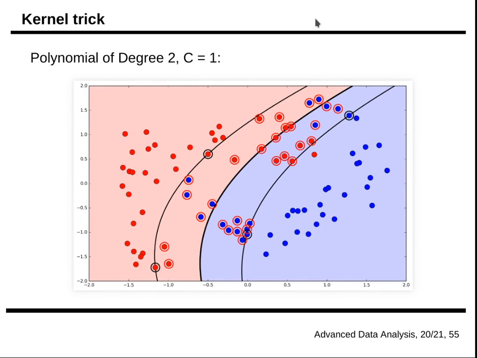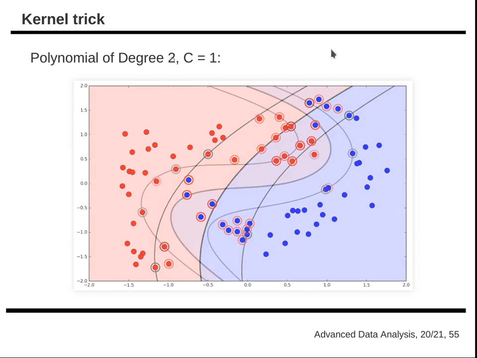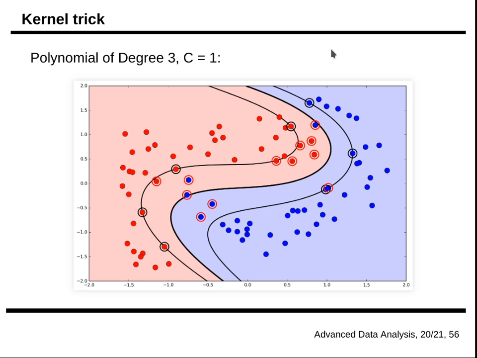And this is an example of using the C value of 1. So we are using strong regularization by allowing many points to penetrate the margin, because the maximum penalty we give for that is just 1. We can increase the degree of the polynomial, and we increase the ability of the discriminant to curve in this two-dimensional space.